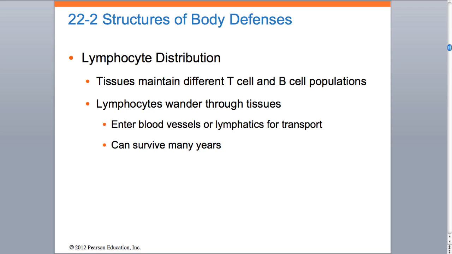This is why: because you make B cells or T cells with memory, they can last for many, many years. We're talking about decades even, like the booster shot for tetanus can last a decade. So anytime you talk about B cells and T cells, remember, they can survive for many years, decades.